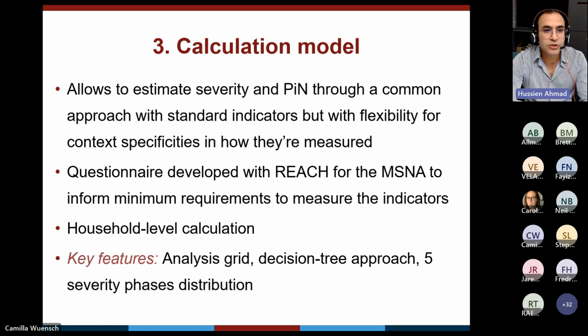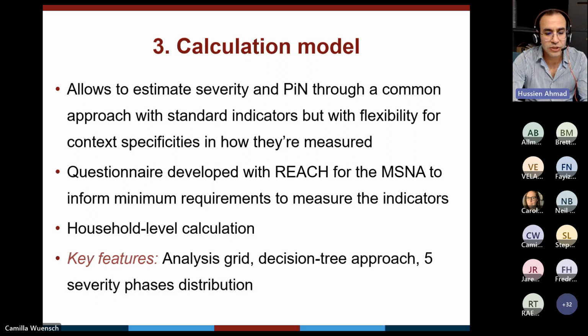The key features of the calculation models can be summarized in a few points. The analysis grid, which translates the three pillars into main indicators and sub-indicators, with not thresholds, but with an analysis of each indicator and how to build it into a decision tree that will contribute to the estimation of the severity.